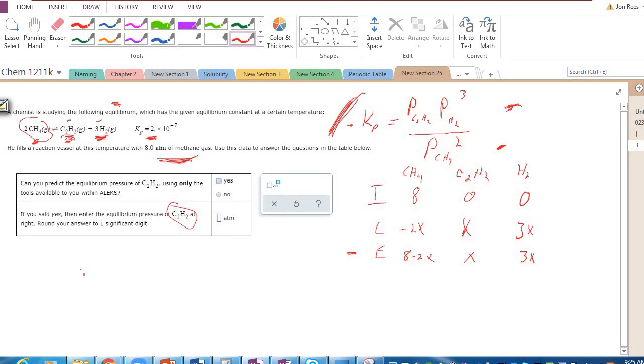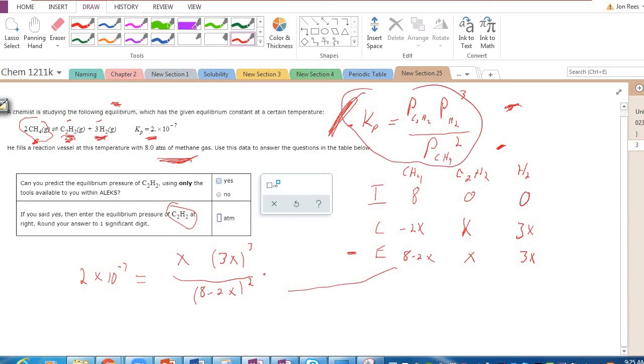K sub P, 2 times 10 to the negative 7th, equals the equilibrium pressure of C2H2, which we set as x, multiplied by 3x, the H2, cubed, divided by 8 minus 2x, squared. I'm just plugging these into the equation up above. Working this math is going to give me some really hairy math I don't even want to deal with.